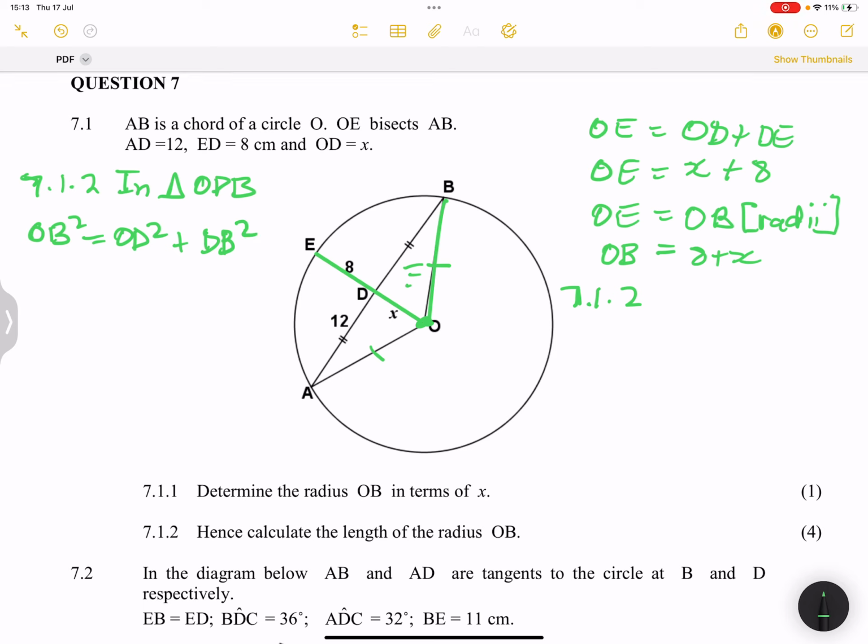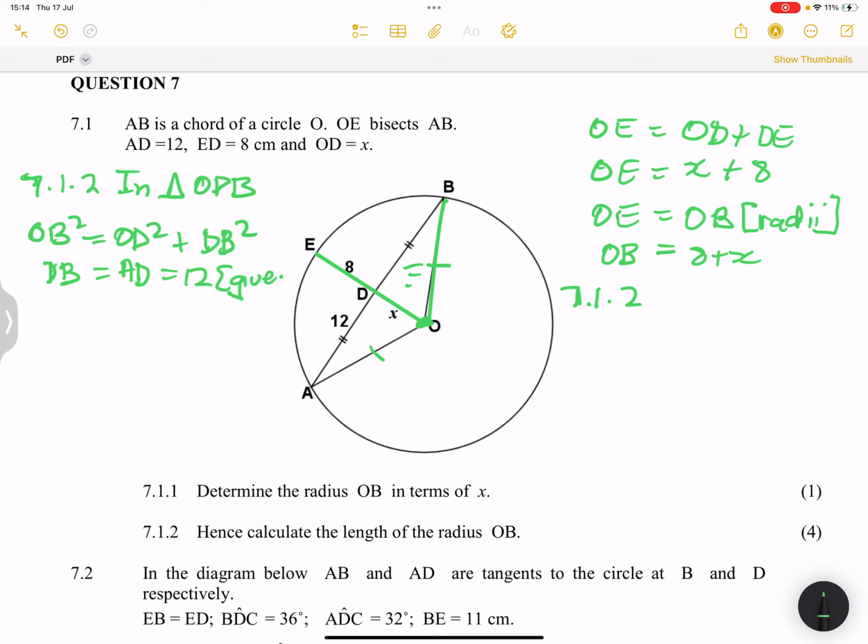But I also know that DB is equal to DA, and that's equal to 12 units, and that's given.